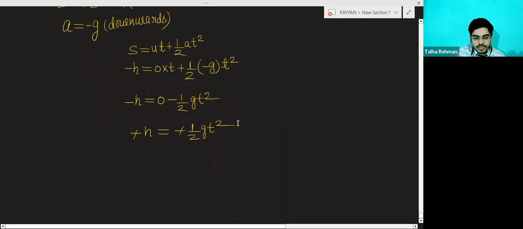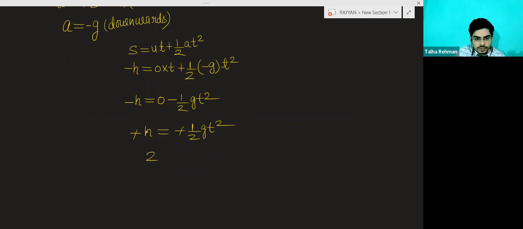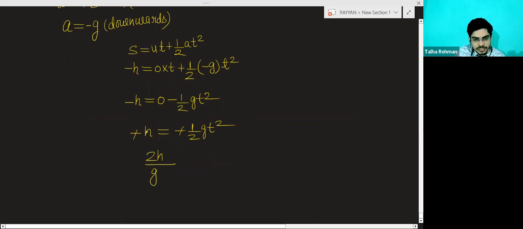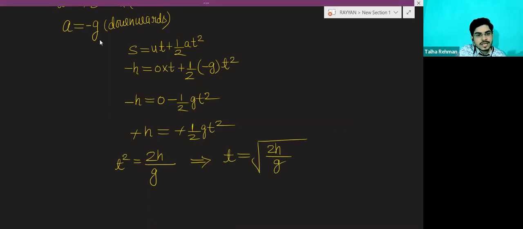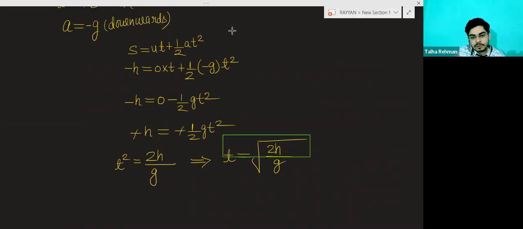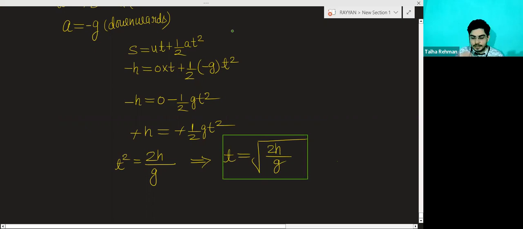Multiplying, it becomes 2h divided by g, equal to t square. So t is the square root of 2h by g. Now you can see this time does not depend on the mass of the ball. It is independent of the mass of the ball.